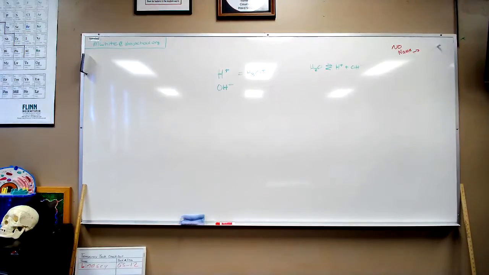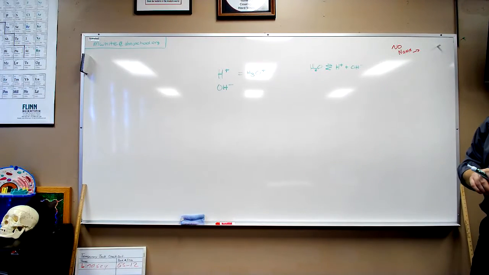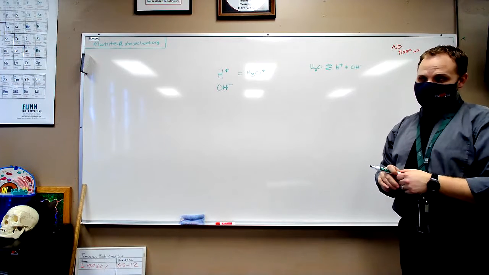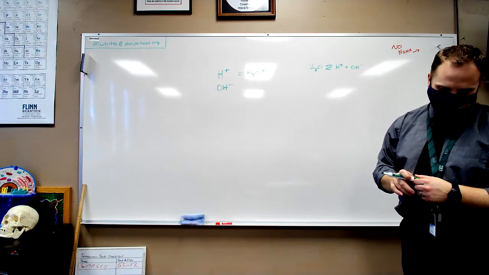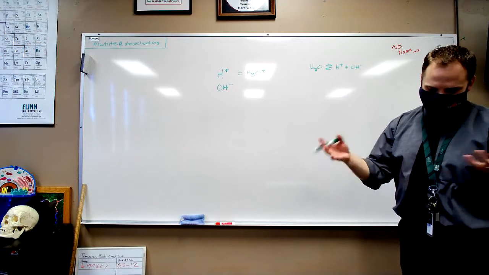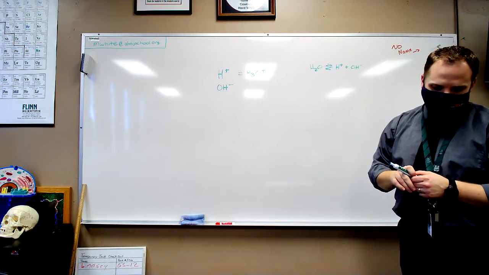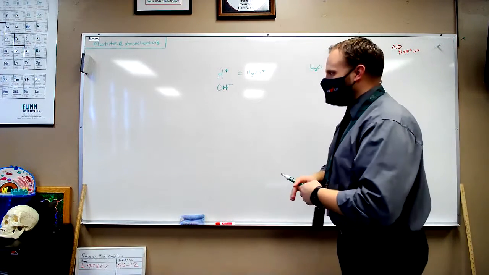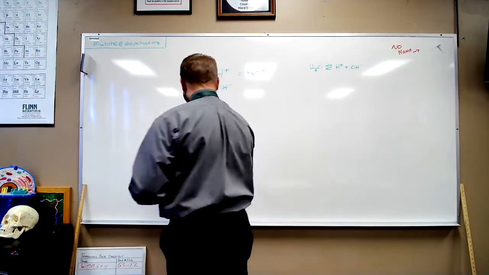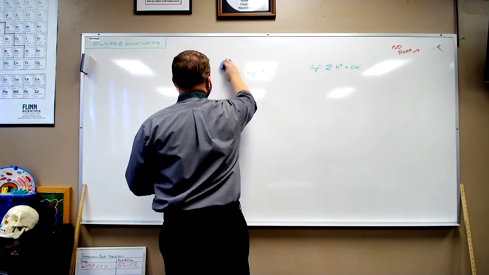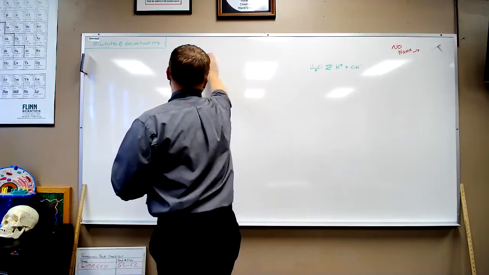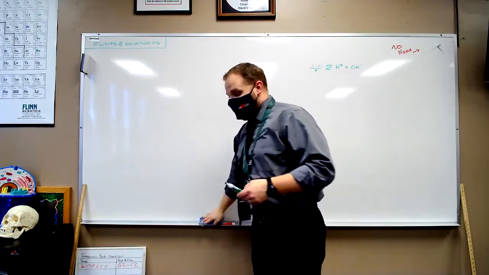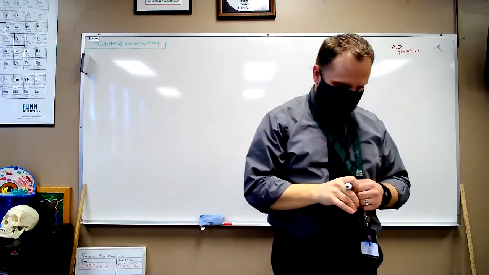The question of what is an acid and what is a base is a question that people were trying to figure out for a long time, or at least they started a long time ago. The first person to really come up with a good way of describing it was a Swedish chemist by the name of Arrhenius. And so we have the Arrhenius model.